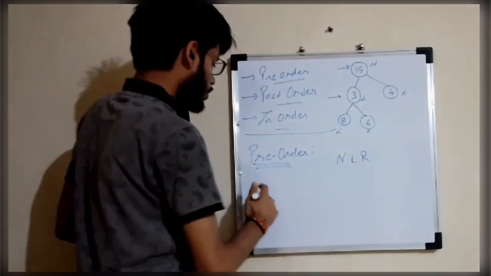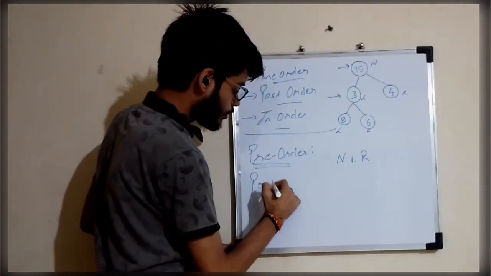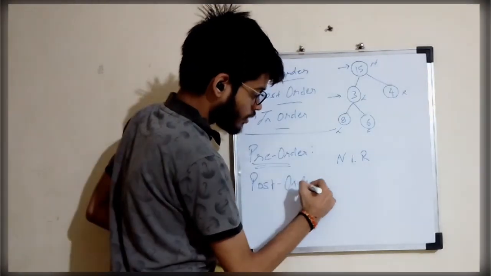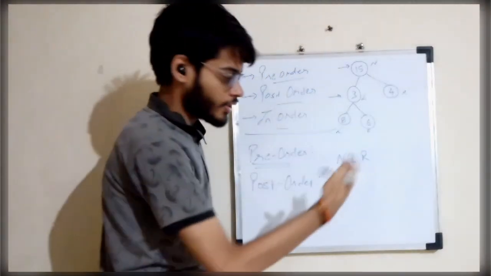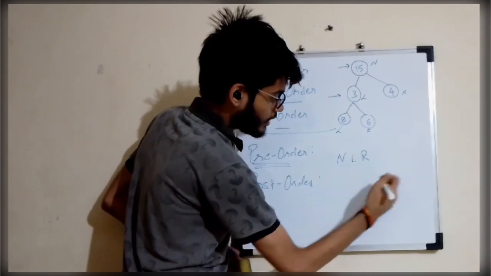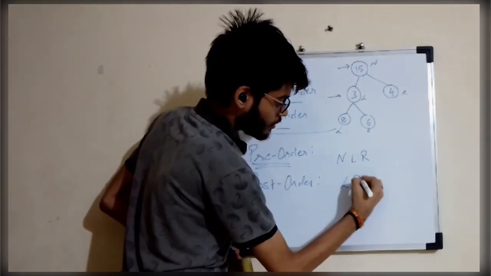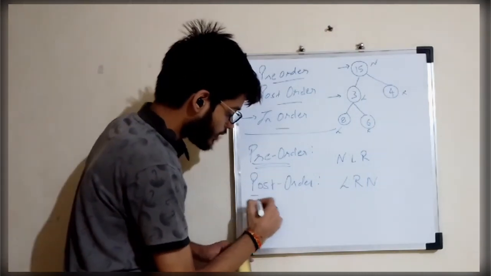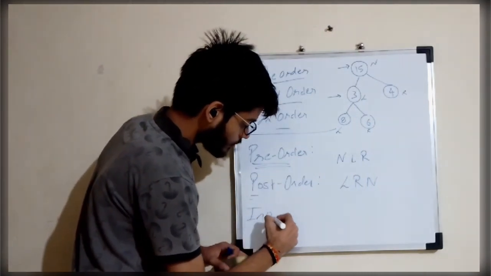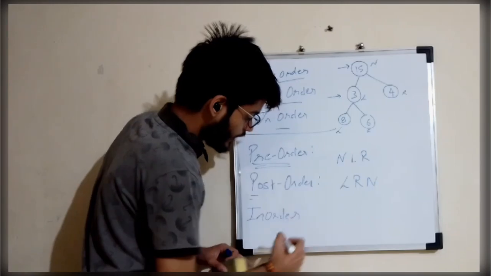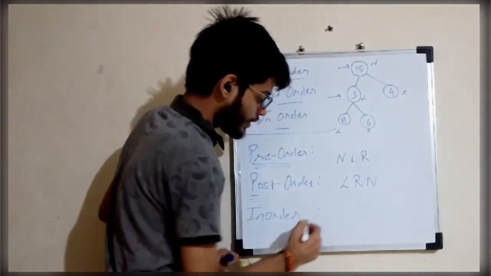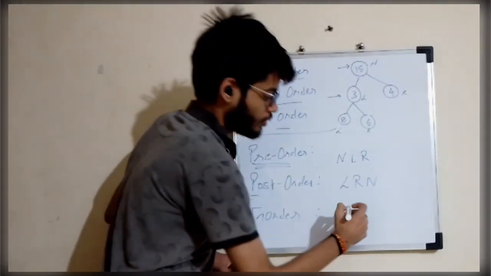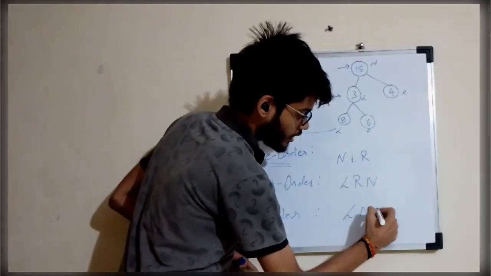In post-order traversal, post means after, so we have the node at the last. And the third one is in-order traversal. In-order means everything is in order: left, node and then right.